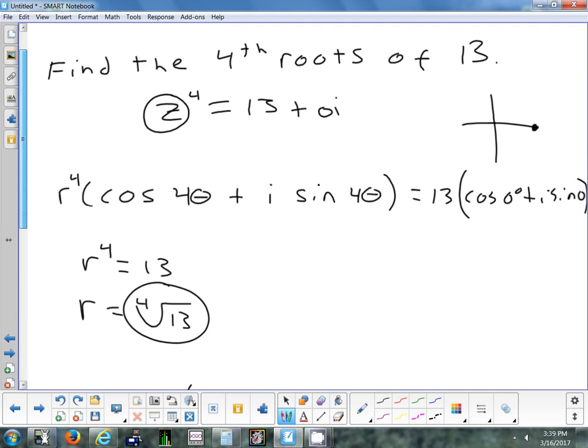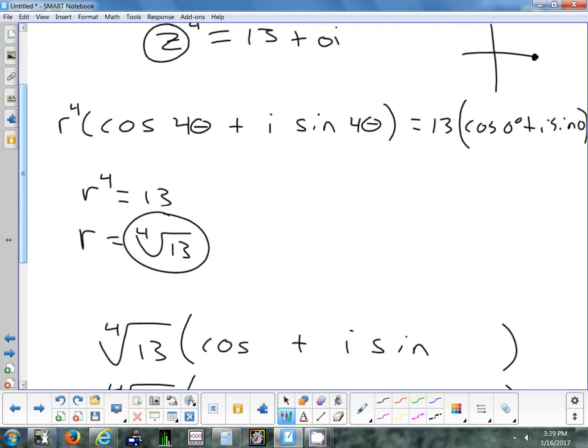Okay, and now what's the equation for my angle? 4 theta equals 0 plus 360k, and then everything divided by 4.